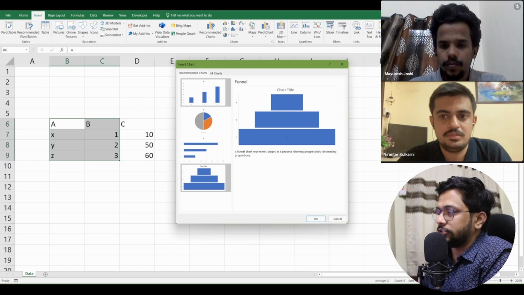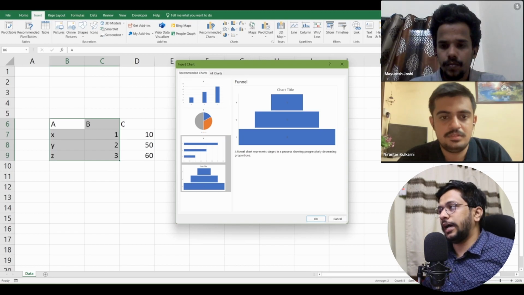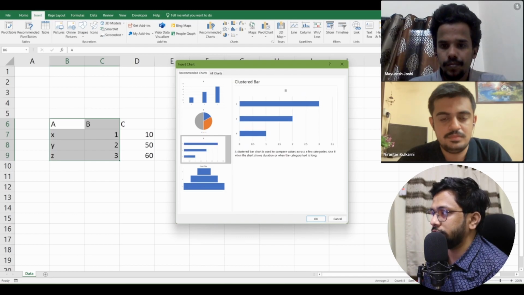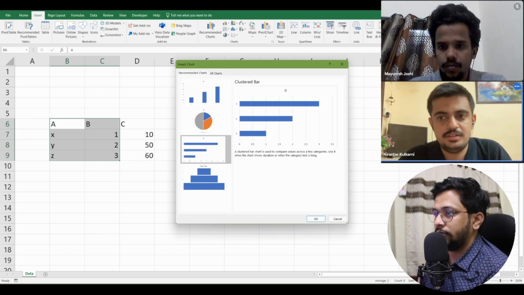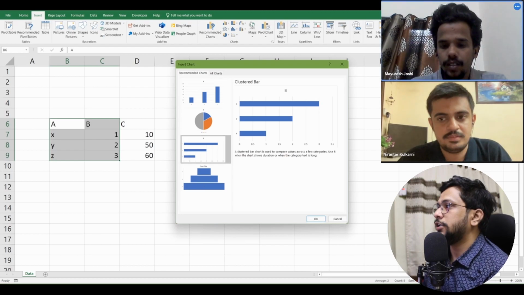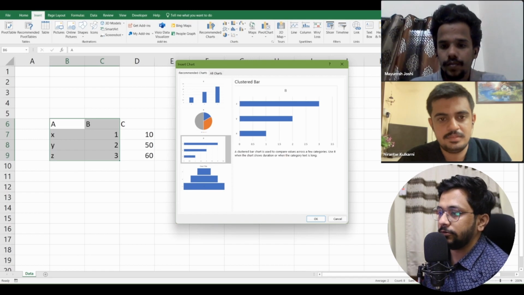Let's discuss the first three. What would be the accurate representation if you have to look at this data graphically? What is the best version to use? Bar chart. What do you think, Mayuresh? The pie chart can also be used to represent that. Okay, we will go one by one.